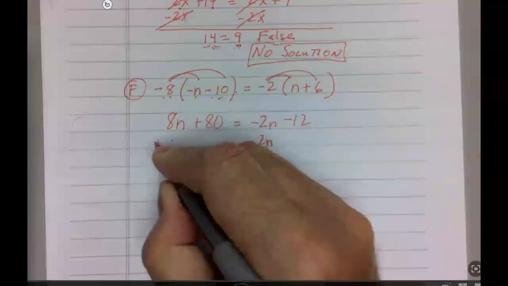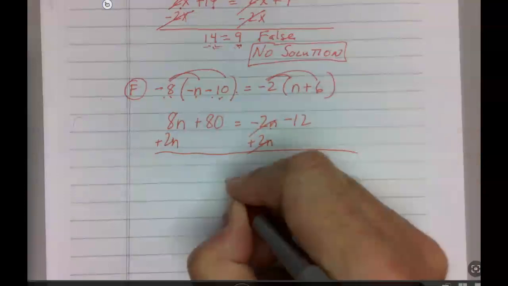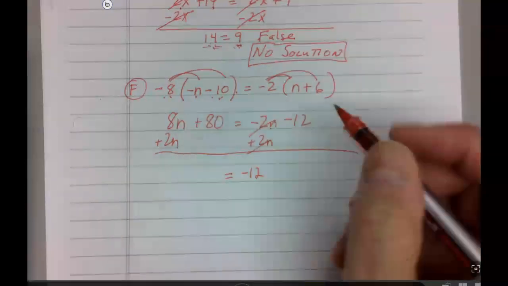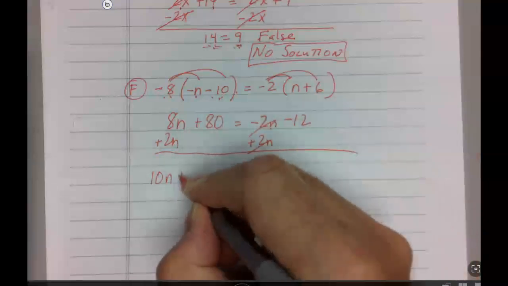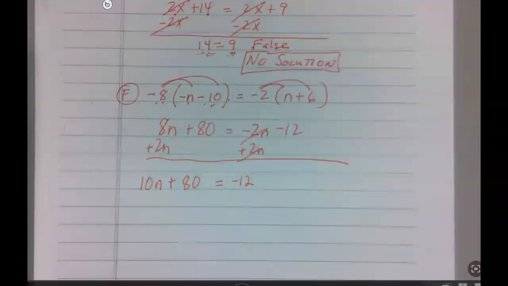And then now we're going to combine, right? Correct? So what's 8n plus 2n give me, Gavin? Very good. Okay? Emiliano, what am I going to do next?